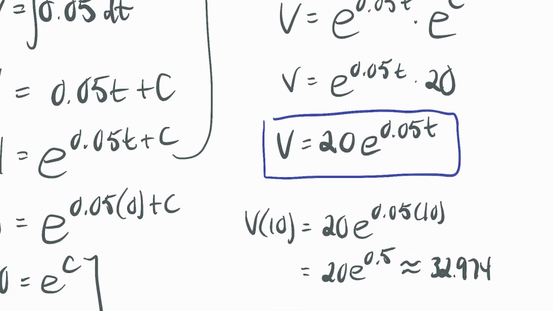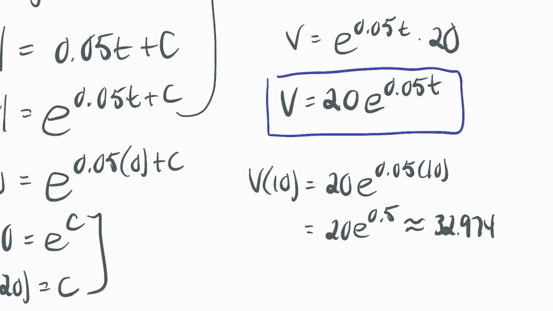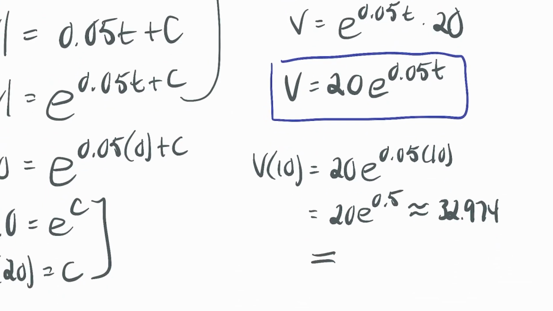And I rounded to 3 decimal places because my variable for value was in thousands. So this is thousands of dollars. So this corresponds to $32,974.